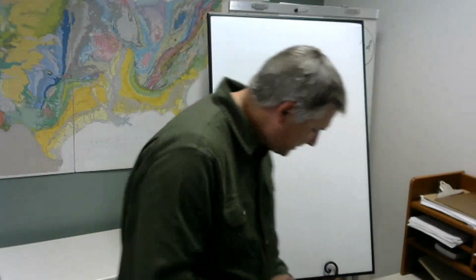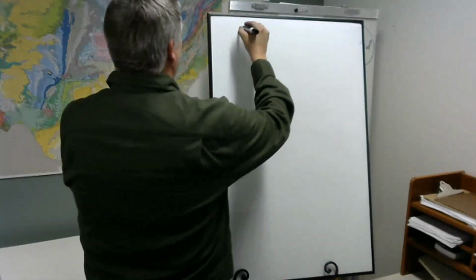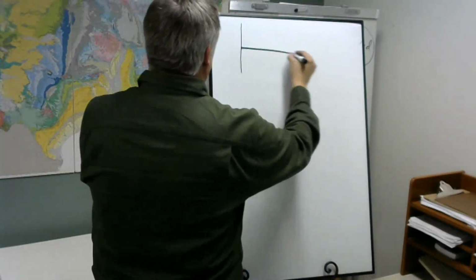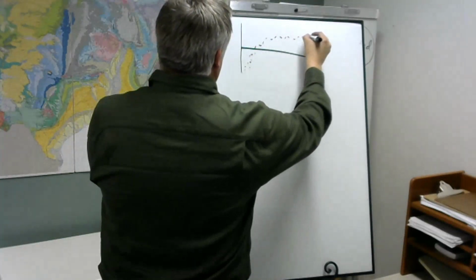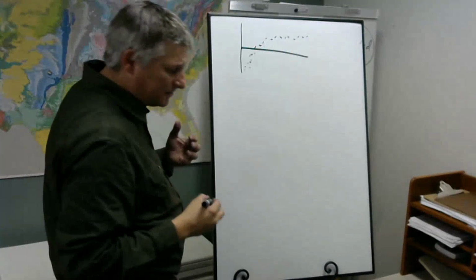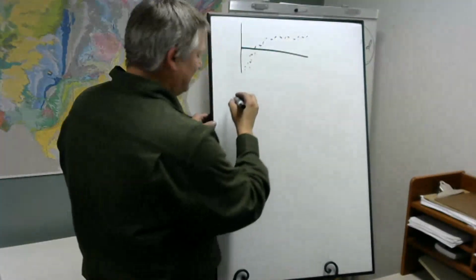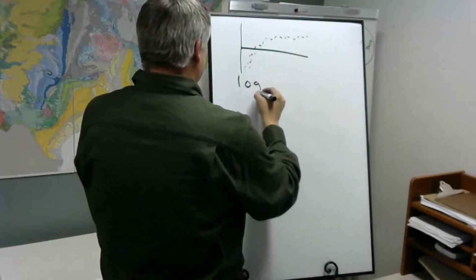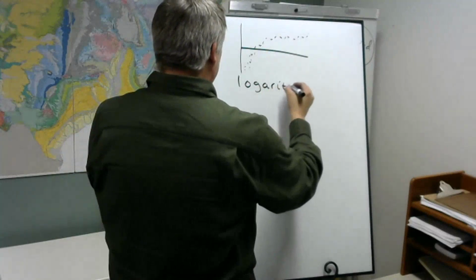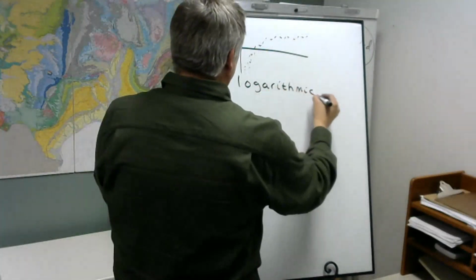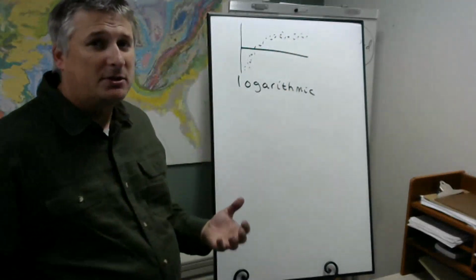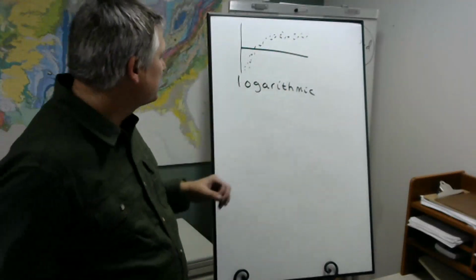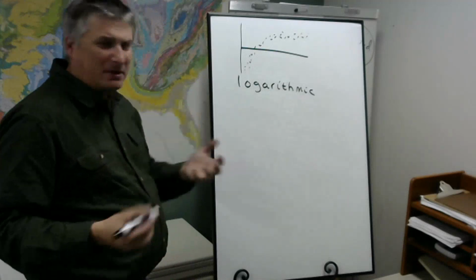Next, for logarithmic, say your data is like this. It might be recommended to use a logarithm to model this. Now, I'm going to go over what I mean by modeling.